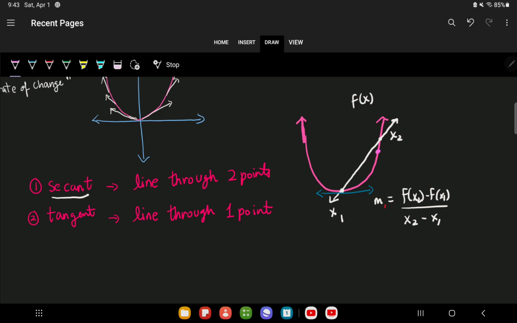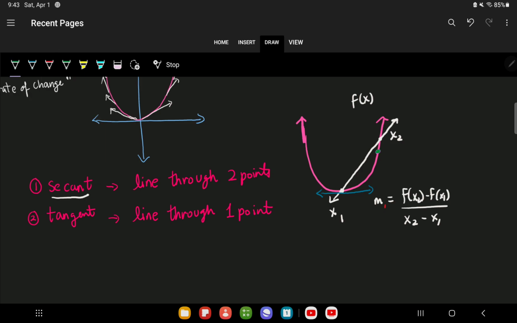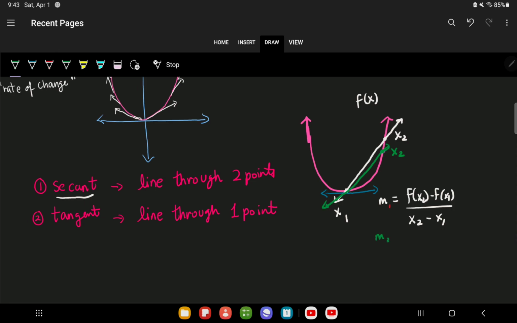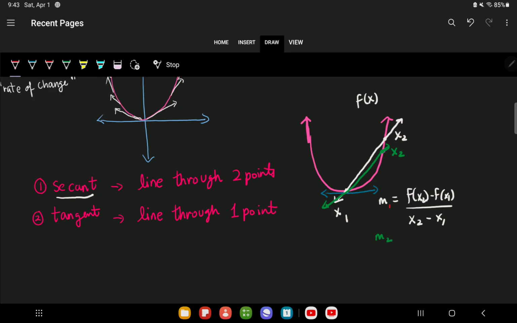Let's call your x2, that's a bad color, let's choose another one. Let's call your x2 this point. And now you can calculate another slope, that's your m2. Let's take another color and do another slope.